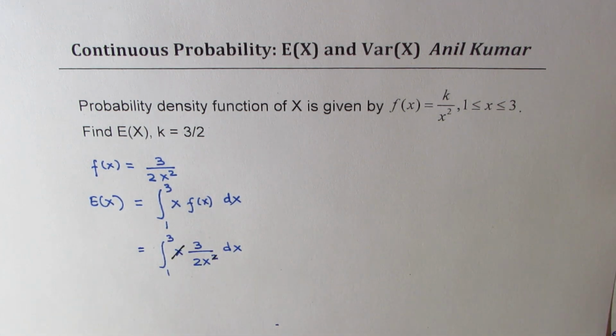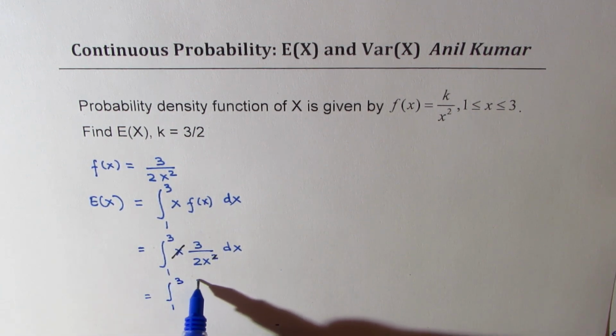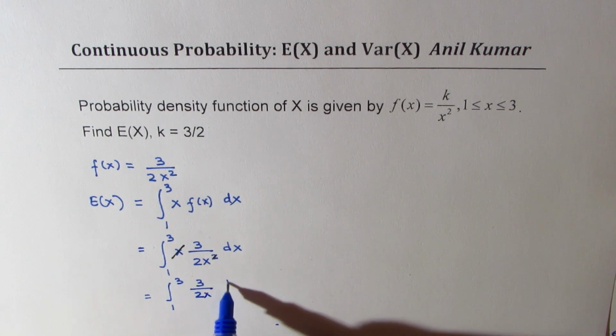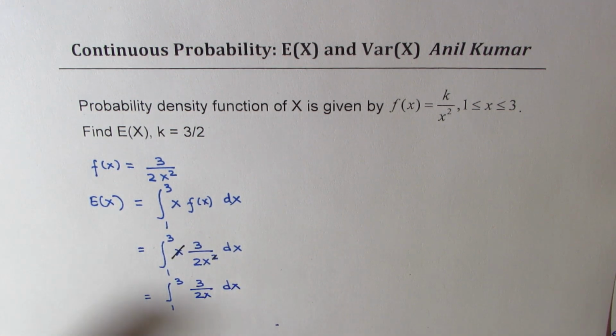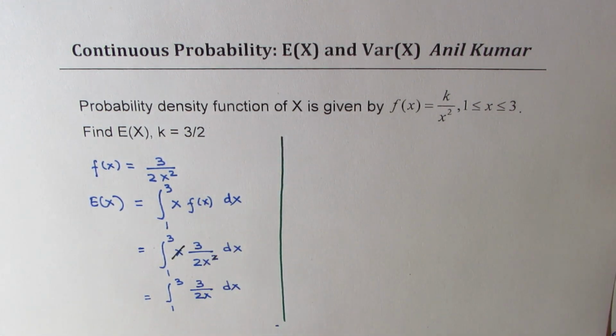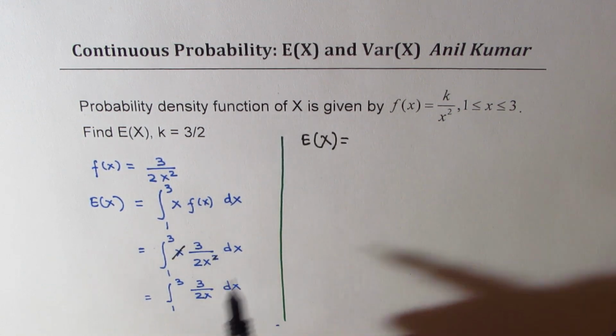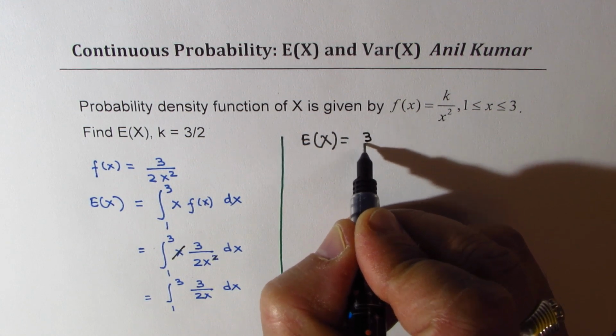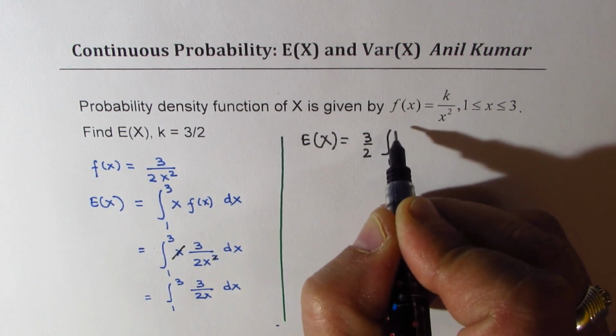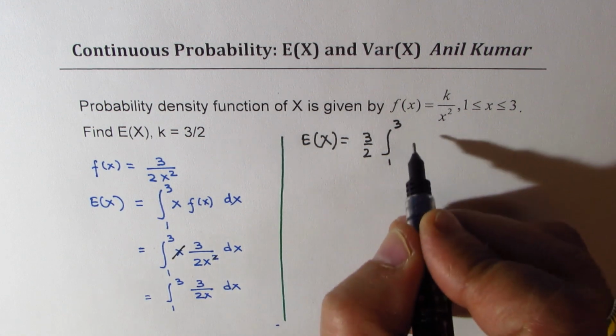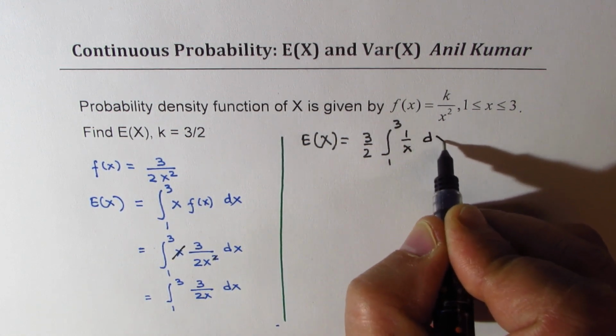We get this integral as equal to the integral from 1 to 3 of 3 over 2x dx. Now how do you find the integral of 1 over x? Well, the integral of 1 over x is ln x, right? So we'll just rewrite this expectation E of x as equal to 3 over 2, which is a constant. We'll take it outside, the definite integral from 1 to 3 of 1 over x dx.